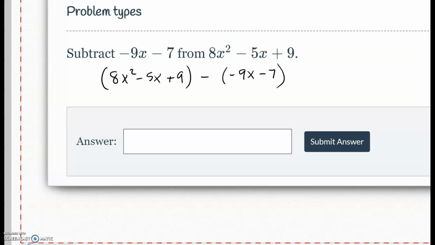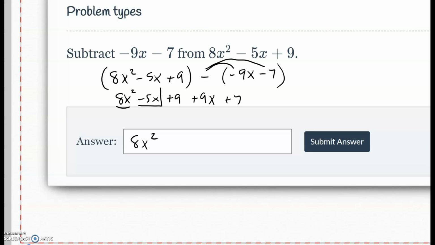Okay, so just like that, I'm going to distribute this negative sign to both of my terms. I've got 8x squared minus 5x plus 9. And then that's going to make this a positive 9x when I distribute, and a positive 7 after distributing. Okay, now let's combine our like terms. No other x squared terms, so 8x squared.